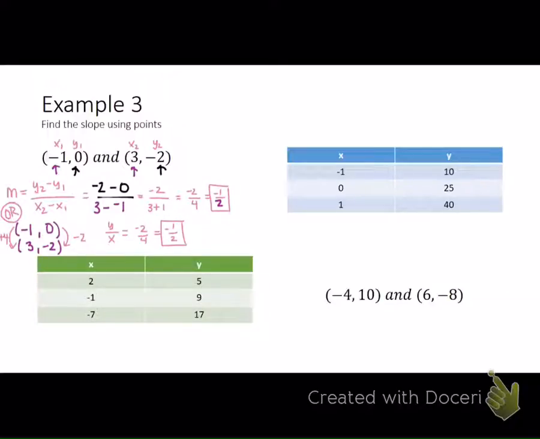Okay? In this table here, we can just do our slope here. From 10 to 25 is 15. From -1 to 0, Justin Powers, is what? Good. No, you were right. You're adding 1. Jayla, from 25 to 40 is?